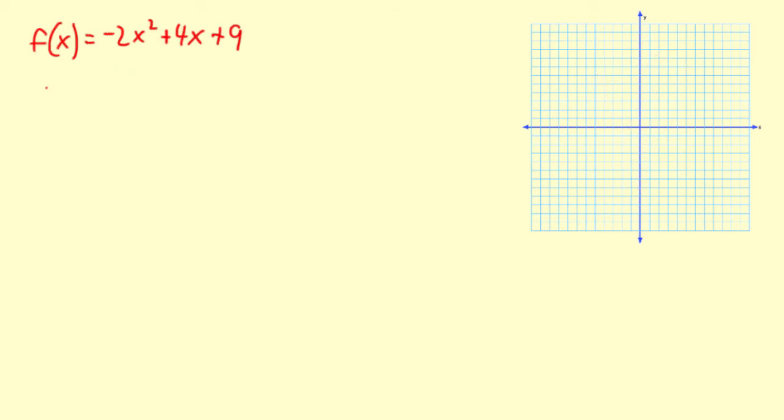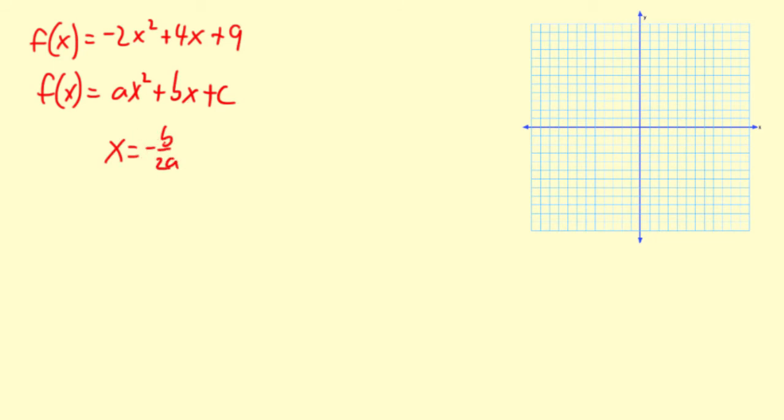Now standard form is like this, or you can write it as f of x equals ax squared plus bx plus c. And the a, b, and c, those are the coefficients here. So in this case, a is negative 2, b is 4, and c is 9. So the x-coordinate of the vertex is going to be x equals negative b over 2a.